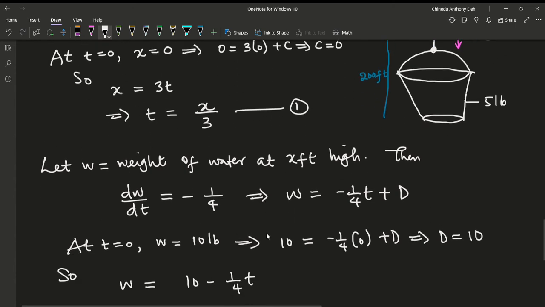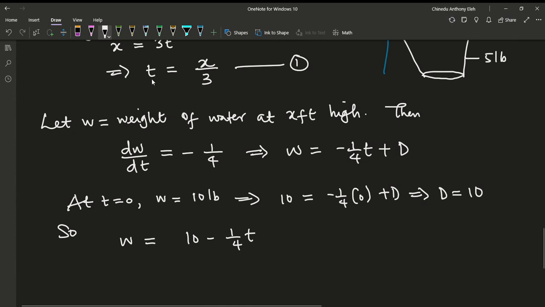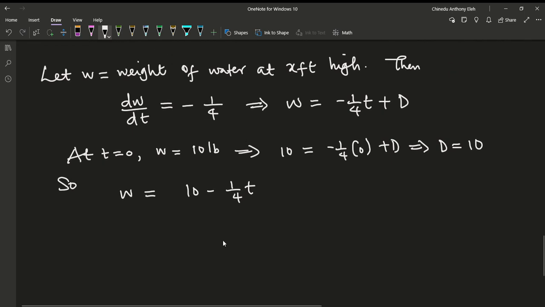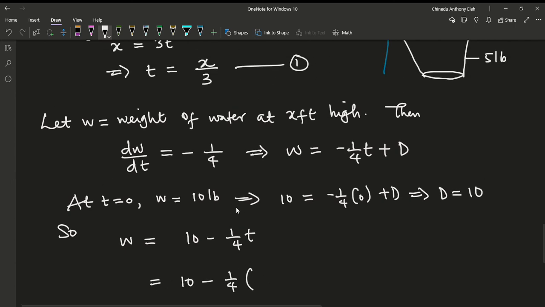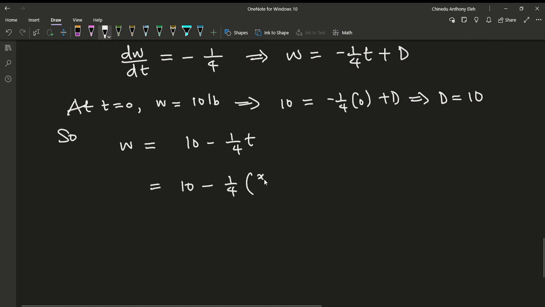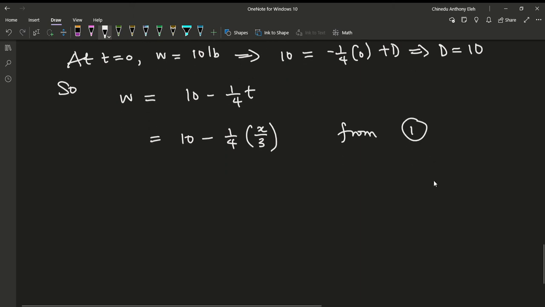Awesome. But notice that time depends on the height above the ground with this relationship. So from equation 1, we have 10 minus 1/4 times x over 3, and this is from 1, right?